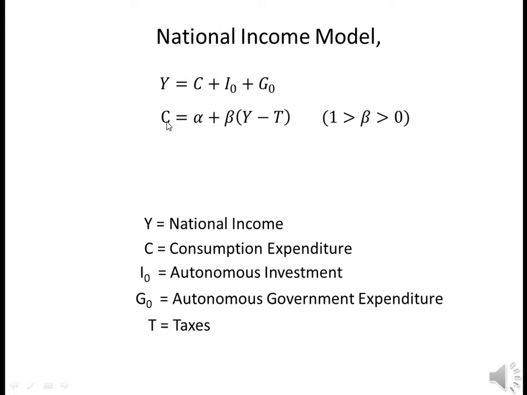Consumption expenditure C is equal to autonomous consumption alpha plus beta times (Y minus T), that is national income minus taxes, where beta lies between 0 and 1, and tax T is delta times national income Y. Here delta also lies between 0 and 1.